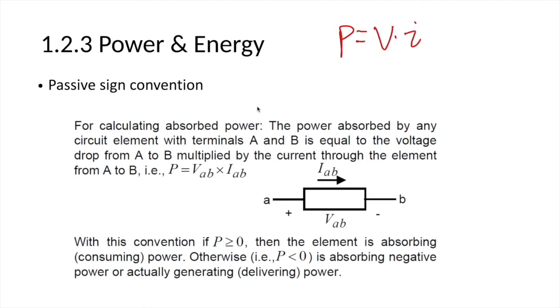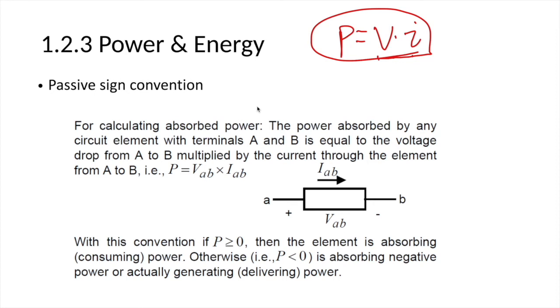With different reference directions, the V and I can be either positive or negative. So we need to have a convention to make sure that they are the same. So here we introduce the passive sign convention. That is to calculate the absorbed power.